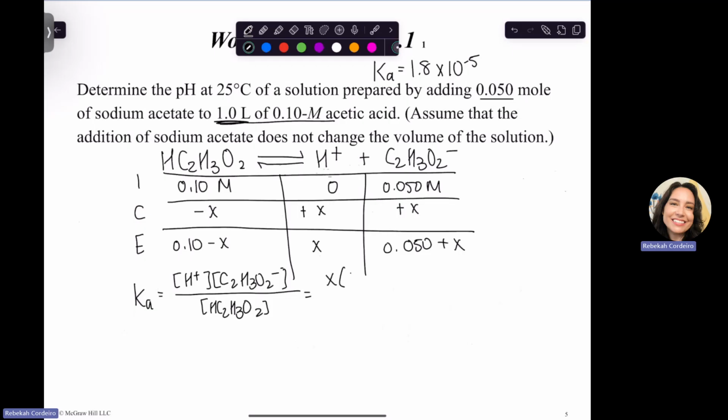You've got the hydrogen, and then we have 0.05 plus x, and then we have 0.10 minus x. And then we can set it equal to 1.8 times 10 to the negative 5. And so if we're trying to solve for x, because remember pH is the negative log of H or hydronium, so we need the x here.